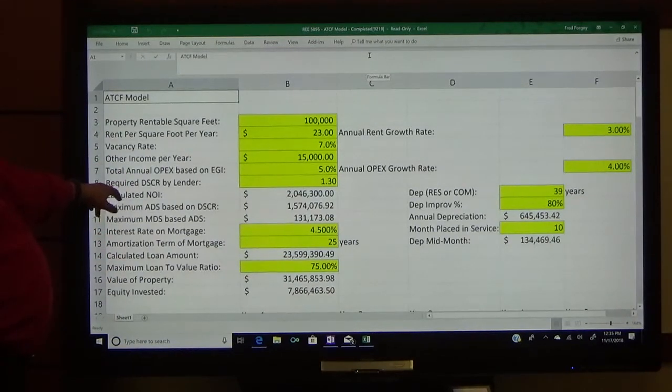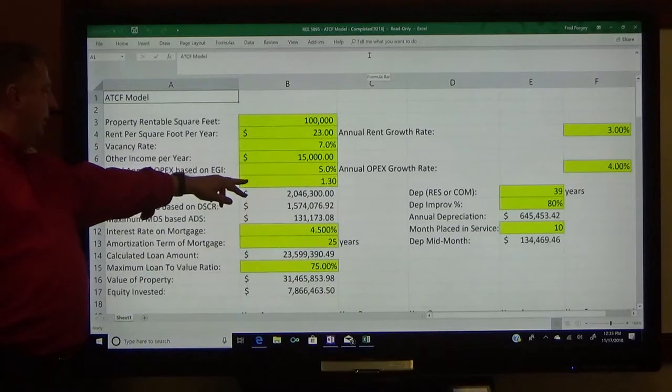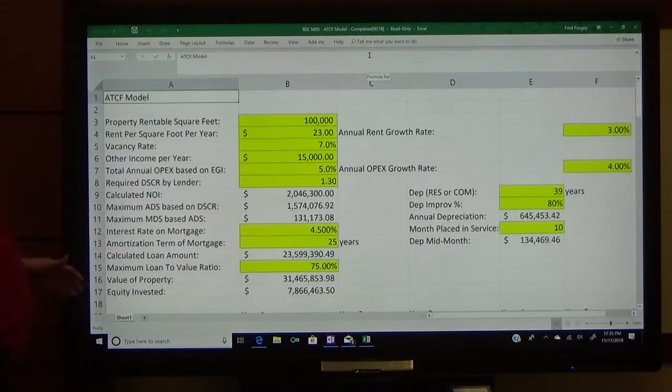Then we have a required debt service coverage ratio from our lender of 1.3, which is how we're going to be able to back into some of our numbers with regard to calculating our NOI and our debt service and that sort of thing. Okay, so let's start with this first one. It's an actual calculation, calculated NOI. In this case, it's just pulling up from the spreadsheet down below, so we'll take a look at that a little bit later.